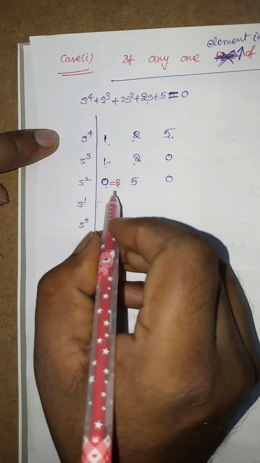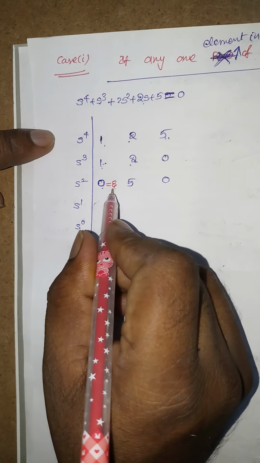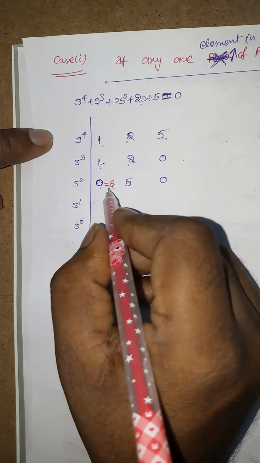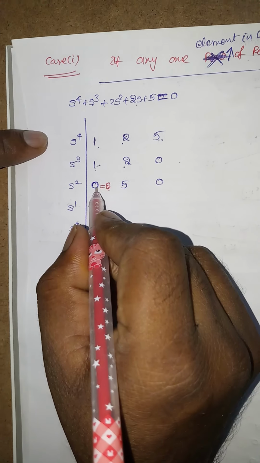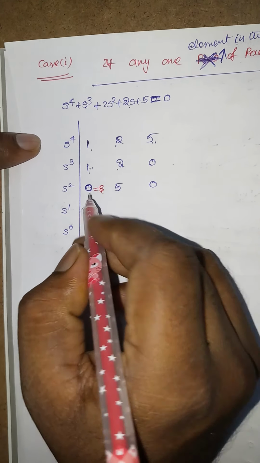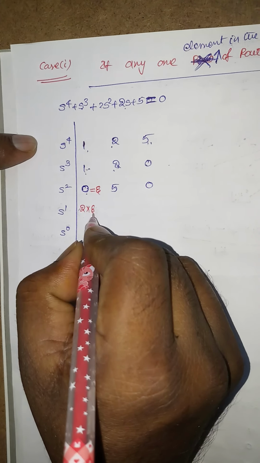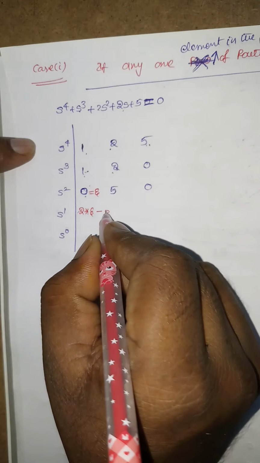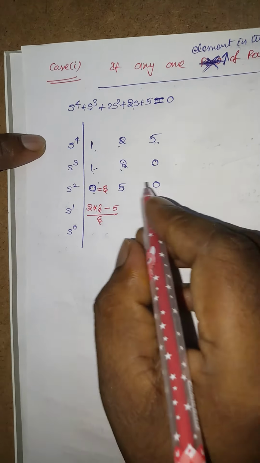I am taking this value as epsilon here. Next, you proceed by replacing 0 with epsilon. Next, it is 2 into epsilon minus 5 divided by epsilon.